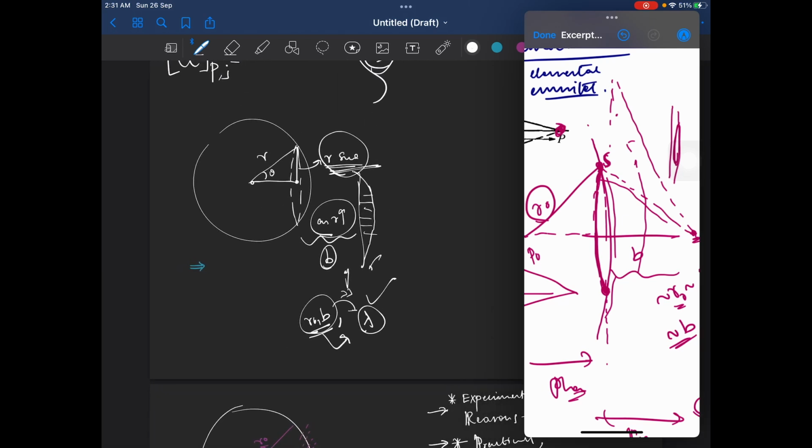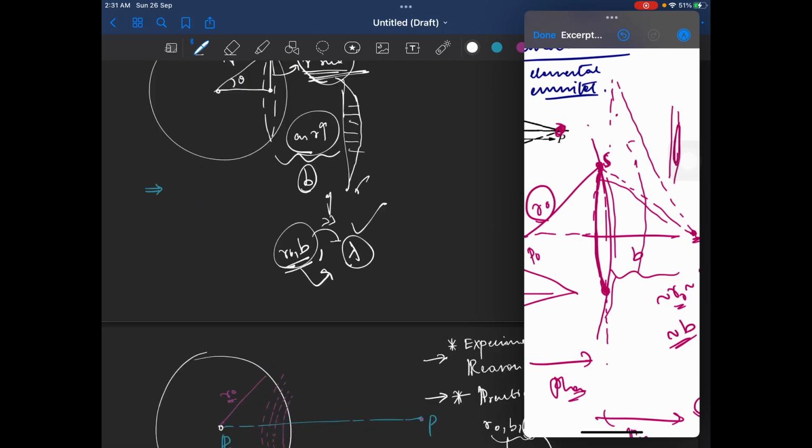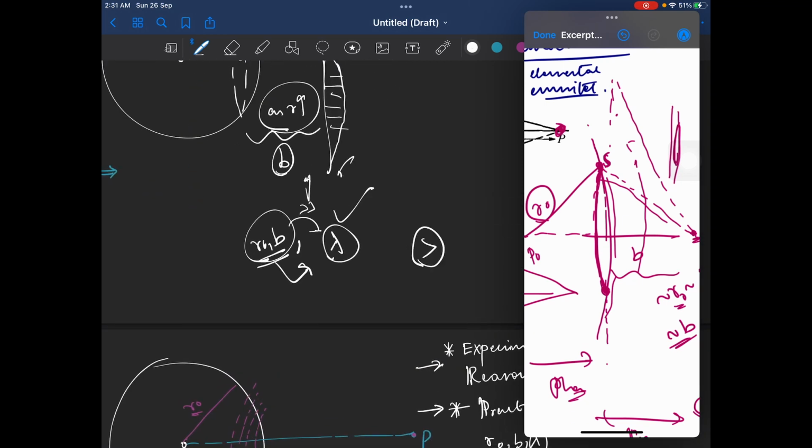They need to be greater though. But reasonably greater than lambda should suffice.